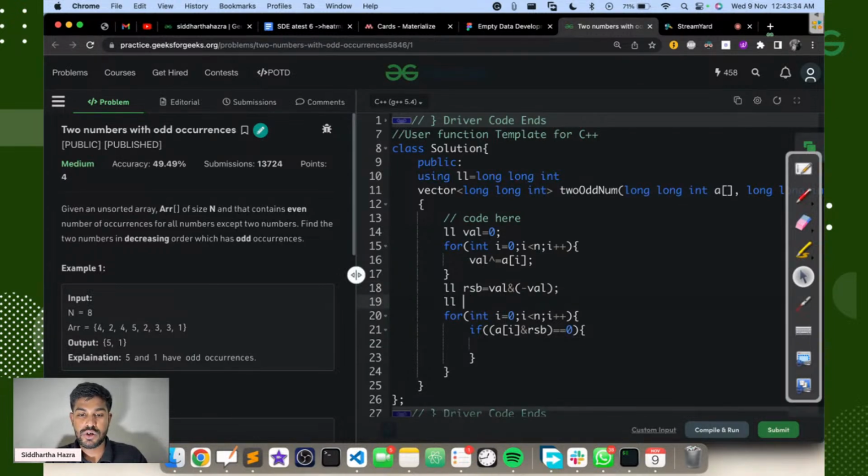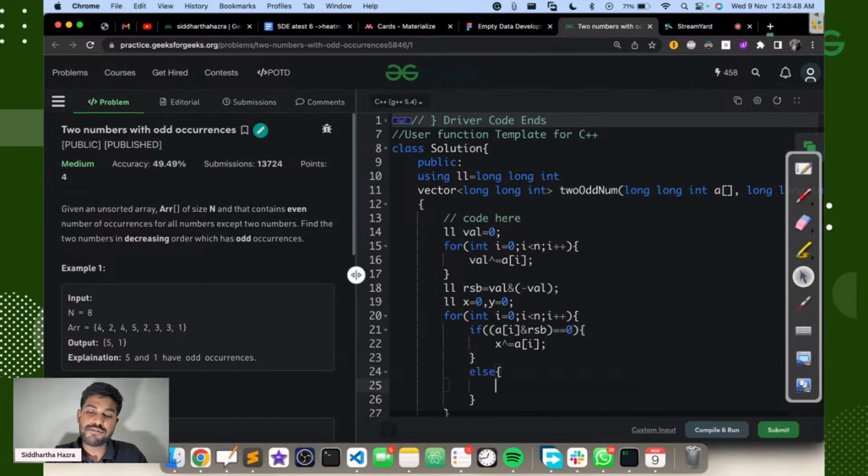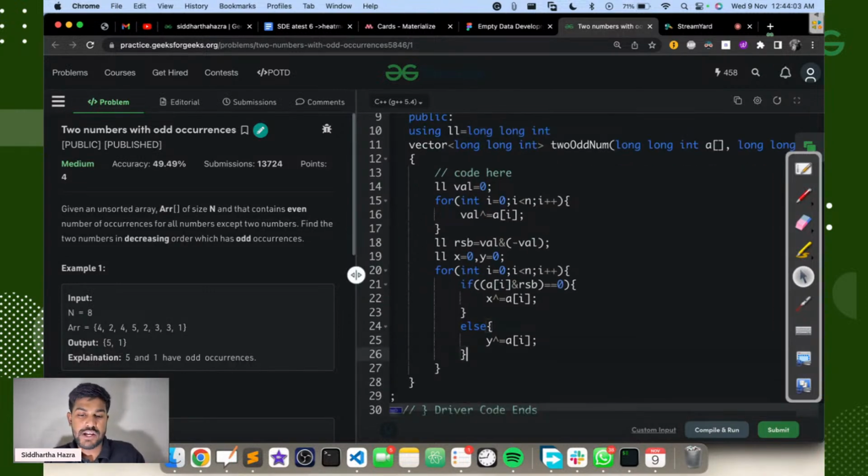So long x is equal to 0 and y is equal to 0. At first we would save this in x. x XOR equals a of I, because some values would have the bit turned off, and the rest of the values would have the bit turned on, because turned on and turned off, nothing else can happen, set and unset, what else can there be, a third option is not present. Okay, so y XOR equals a of I. So now we have x XOR and y XOR.